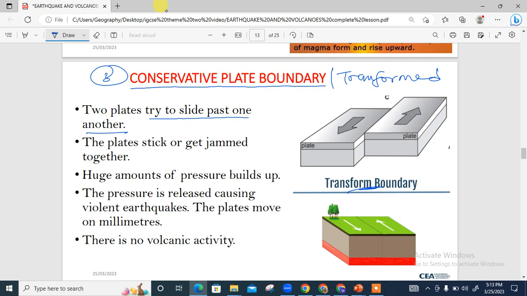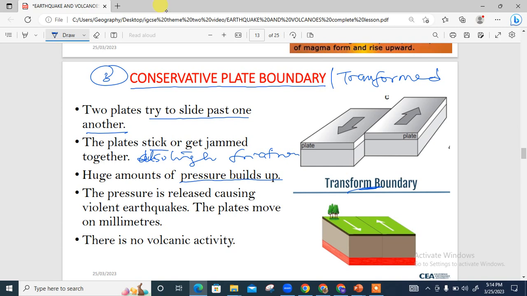And what that leads to is friction. There will be a high level of friction, so the plates get stuck and jammed together. This will lead to a huge amount of pressure being built, because both of them are still trying to force past each other.